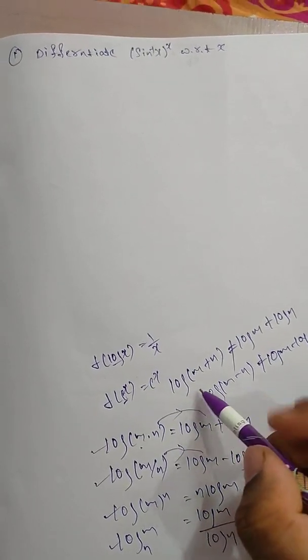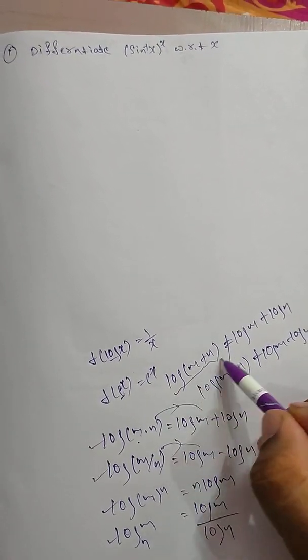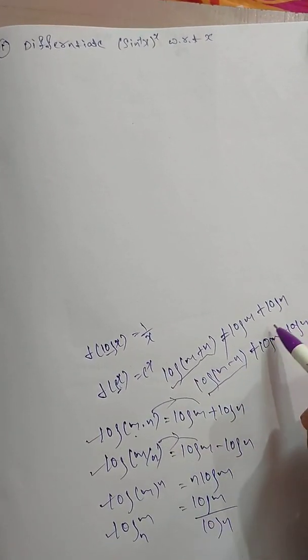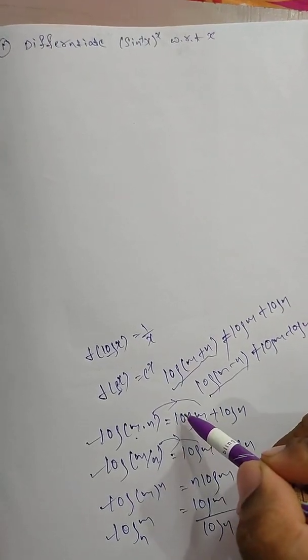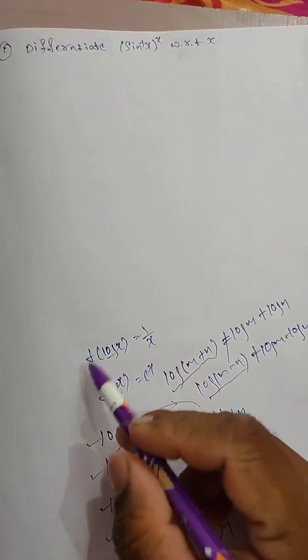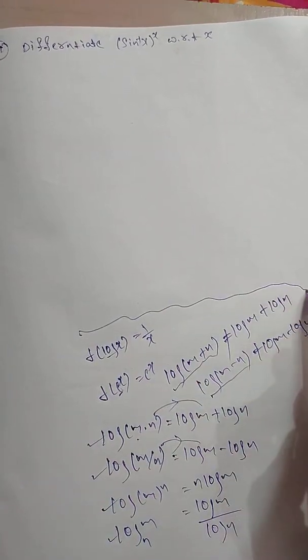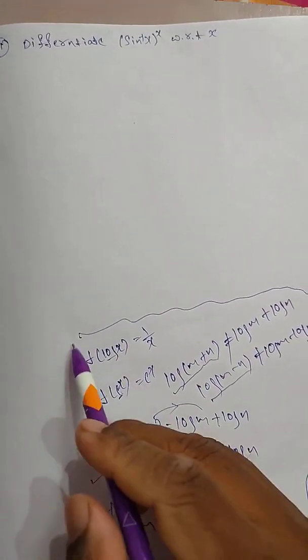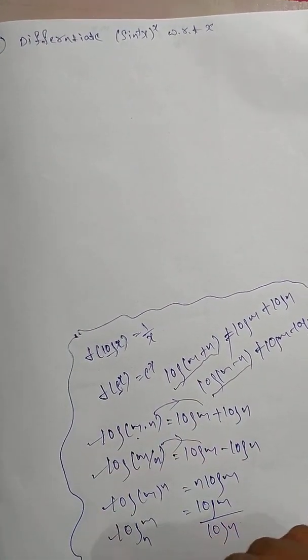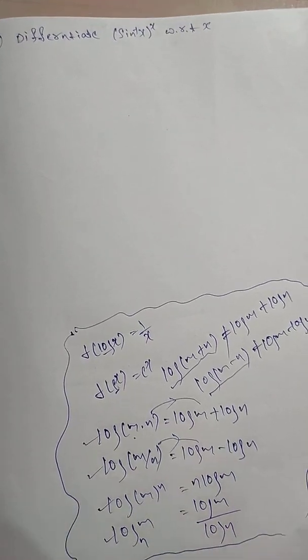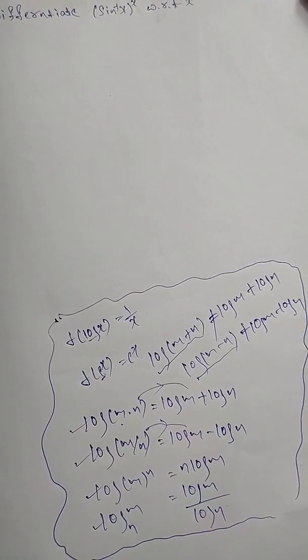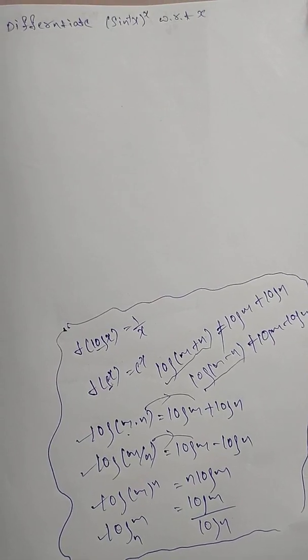We can't write like this. Is it clear? So this is a brief discussion of the properties of logarithm.